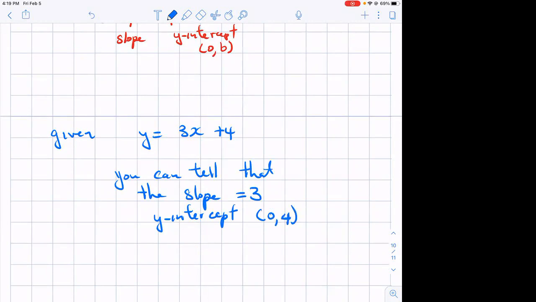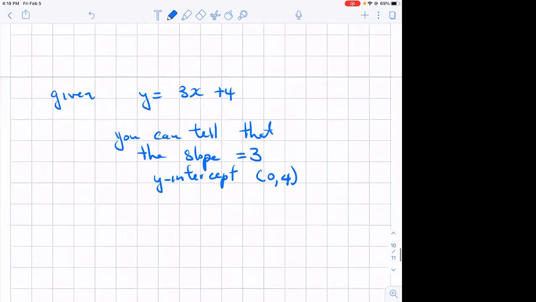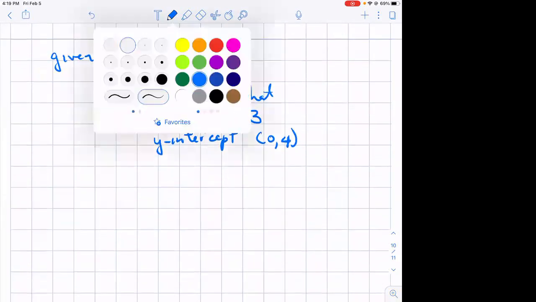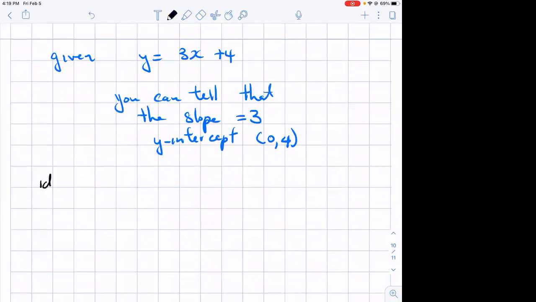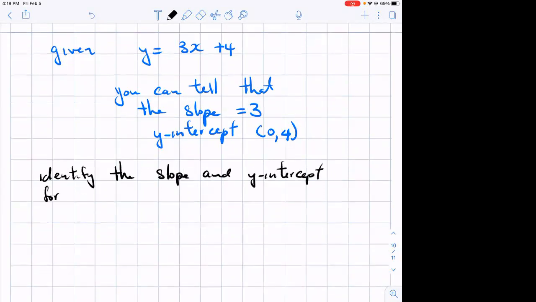Now I know in the lower grade, most of you will say, well, the y-intercept is 4. Remember, points are pair, right? They come in ordered pair, so 0, 4. Now be very careful, because if I ask you to identify the slope and y-intercept for the following.